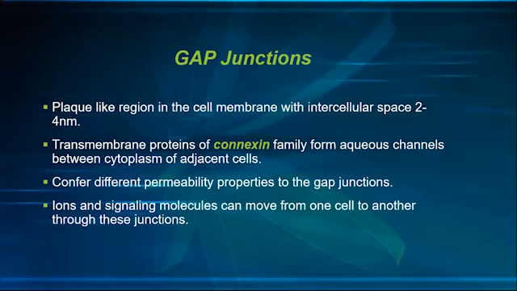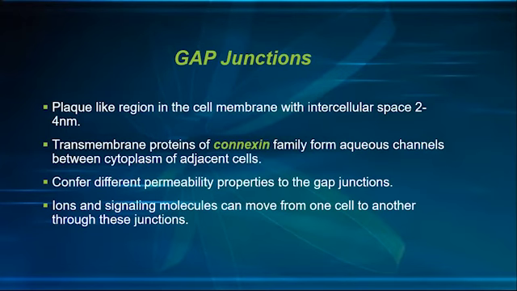So this is why it is known as a gap and also a communicating junction, because it is going to allow communication between the two adjacent cells. So any type of aqueous or ionic exchange is going to occur mostly through the gap junctions.